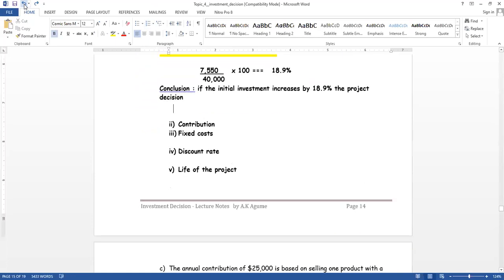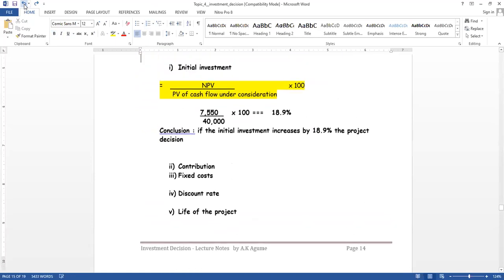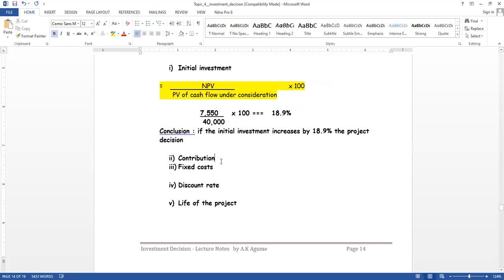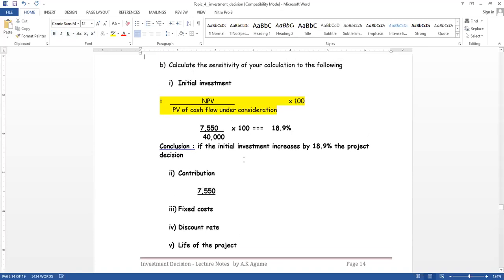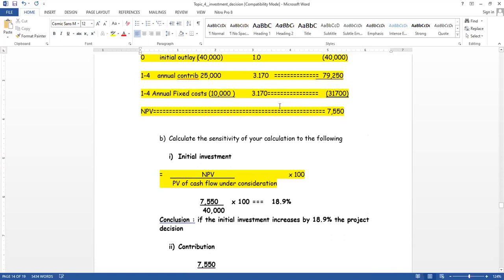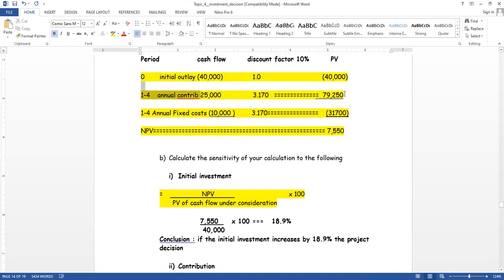Okay. Now let's look at the sensitivity to contribution. So I need to get the NPV, which is 7,550. I divide by the PV of the cash flow under consideration. So this time I'm considering annual contribution, which is 79,250.